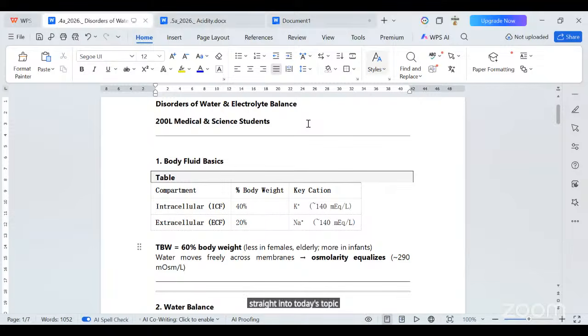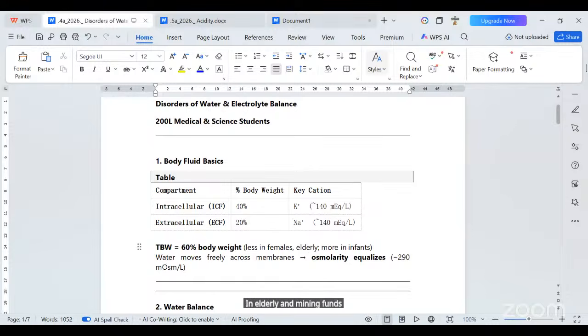So today we'll be talking about disorders of water and electrolyte balance. If we remember in our first class, we said total body water is 60% of the body weight, and it is less in female, in elderly, and more in infants.